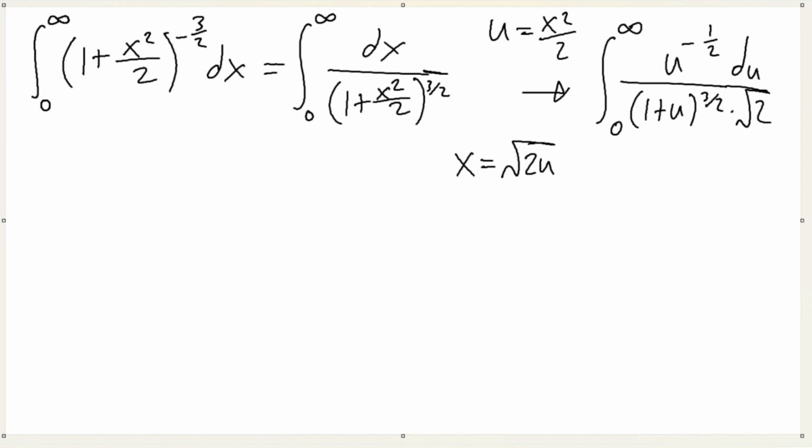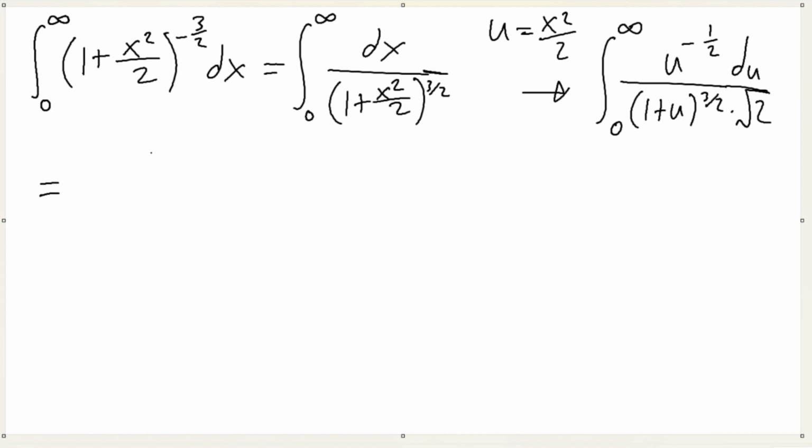So, now that we did our forced u substitution, we can dive right into our beta function, because this is in the form of a beta function. It's just an ugly form of beta function. So, okay, let's go ahead and do that.